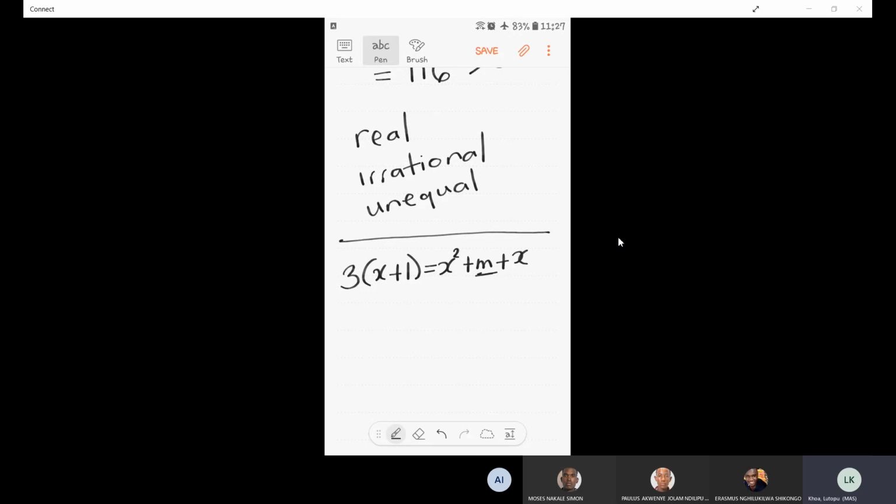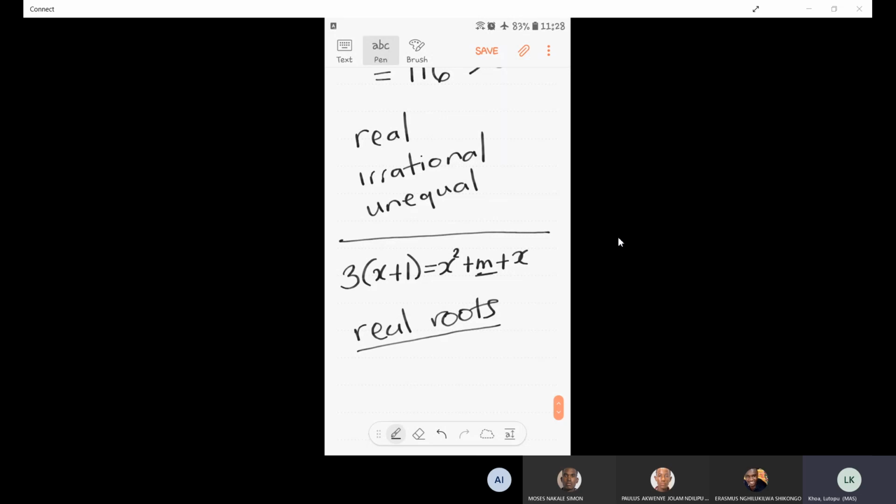Now what we're asked to find is the values of m so that this has real roots. Okay, now real roots, you need to go according to your table.